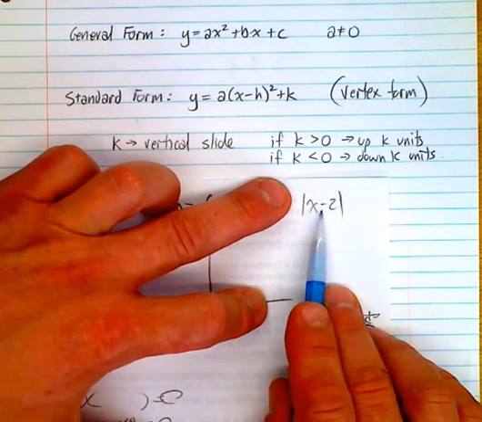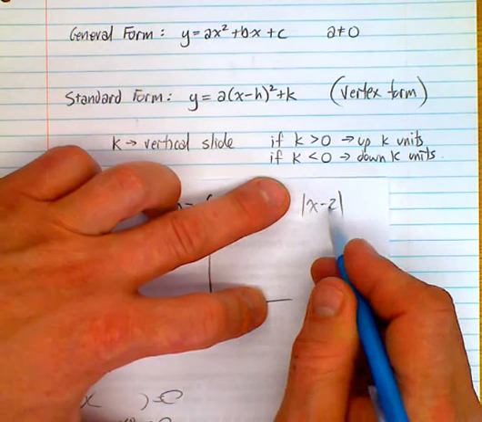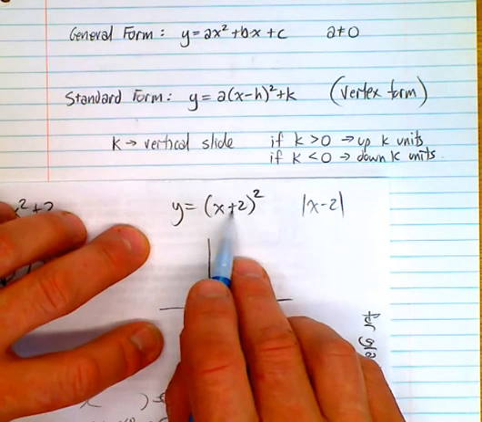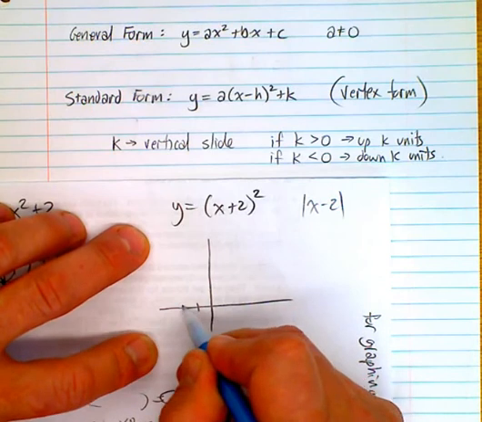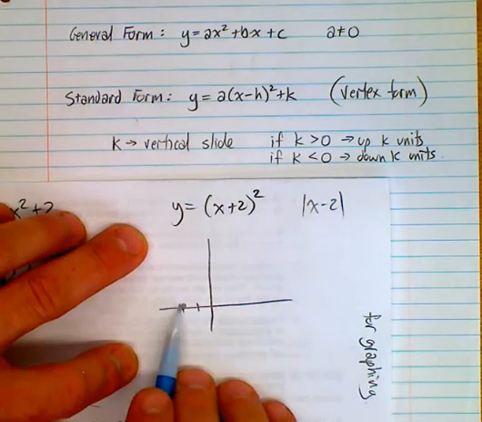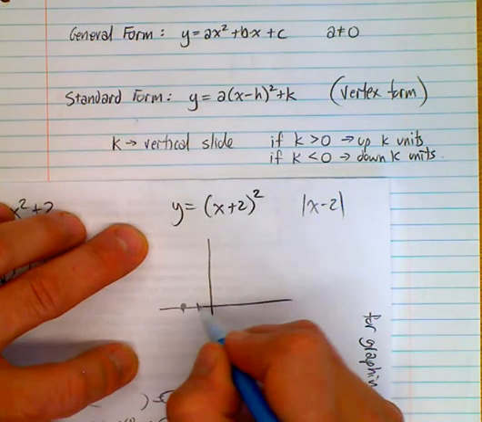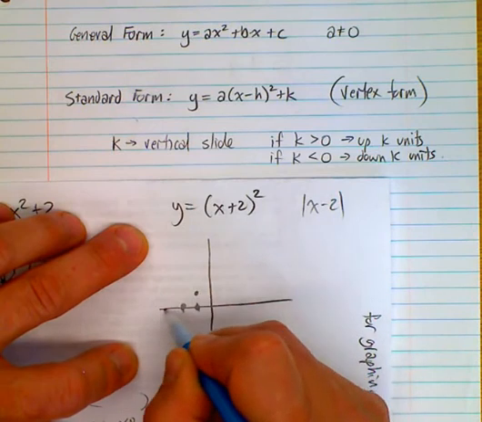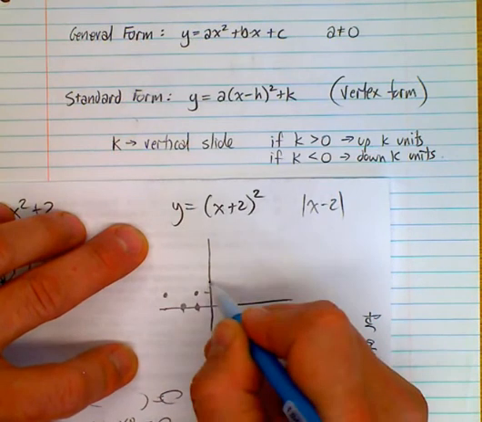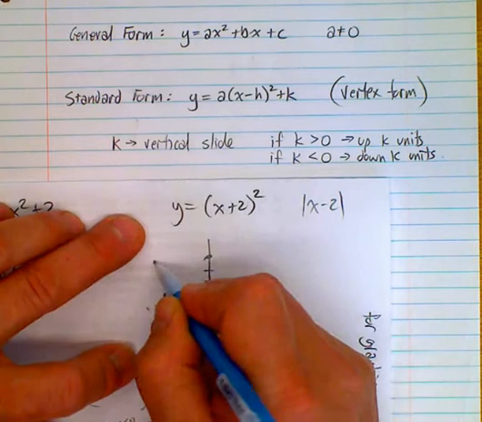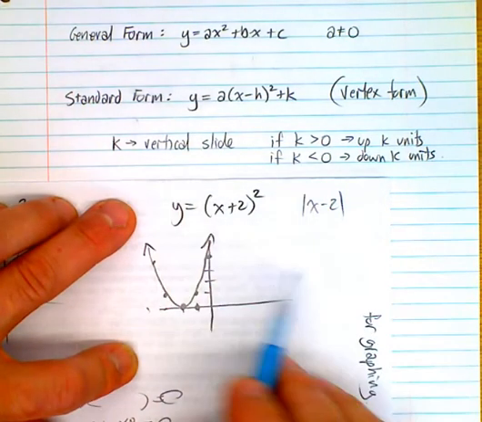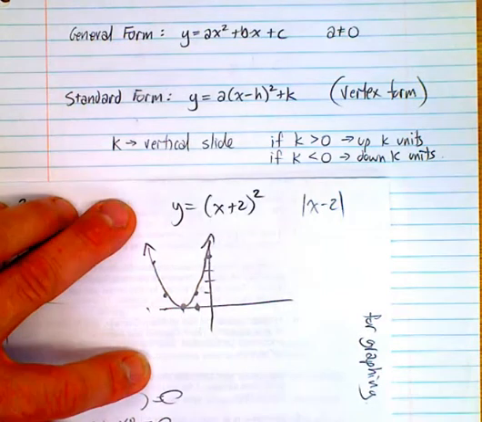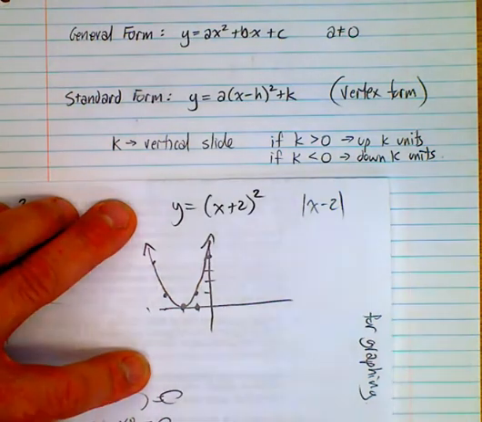Well, you add 2, so it goes right 2. This one got a plus 2. What do you have to do to get back to x? You subtract 2, so it goes left 2. And that is my new vertex. So over 1, up 1, back 1, up 1, over 2, up 4, back 2, up 4, and we have a horizontal slide. Very similar to what we've been doing in the past.